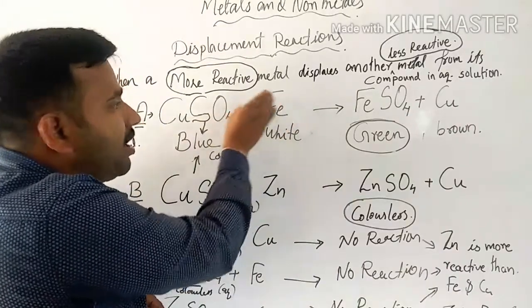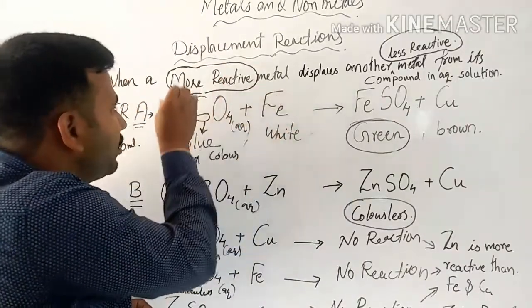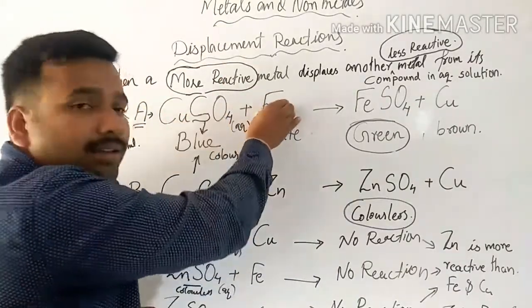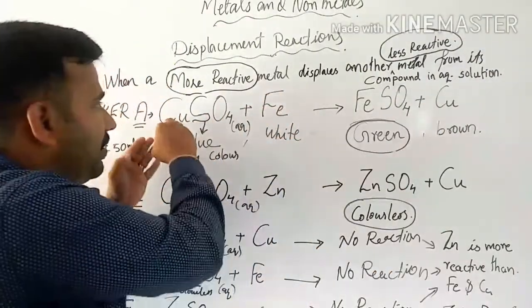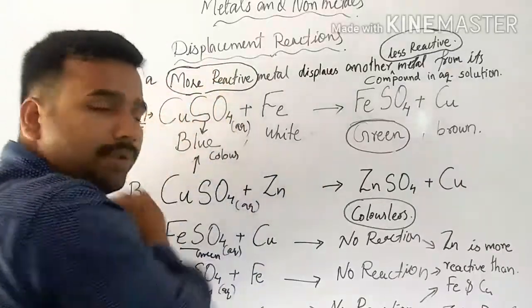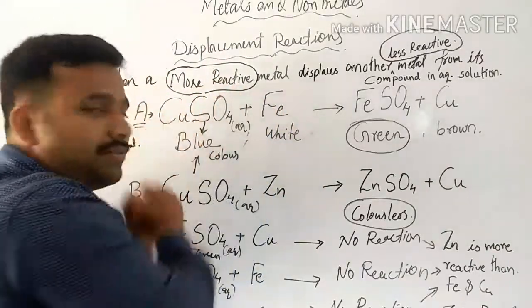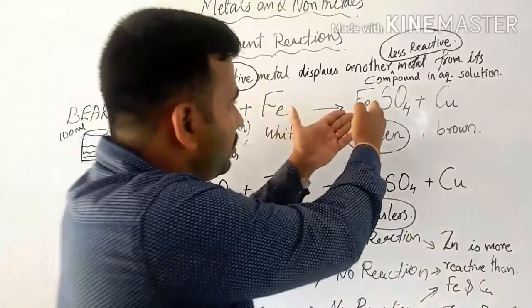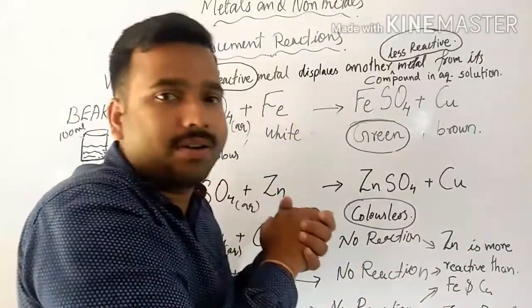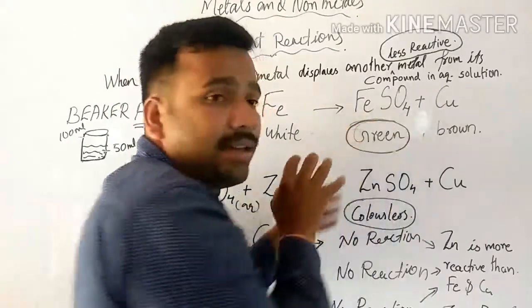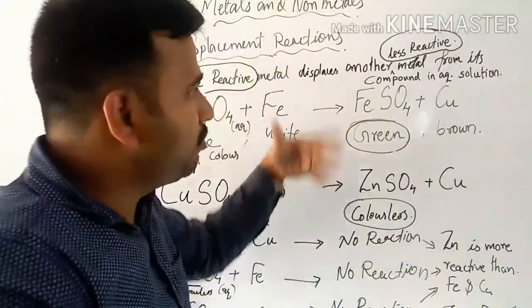When you place an iron nail in copper sulfate solution, iron is more reactive than copper. So iron kicks out the copper and takes its place. As a result it forms FeSO4, a new bond is formed.